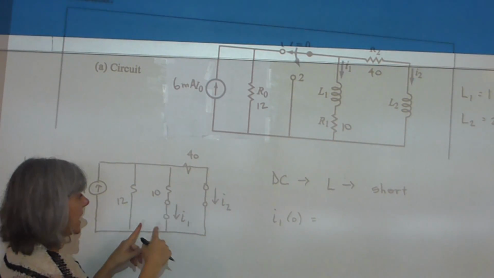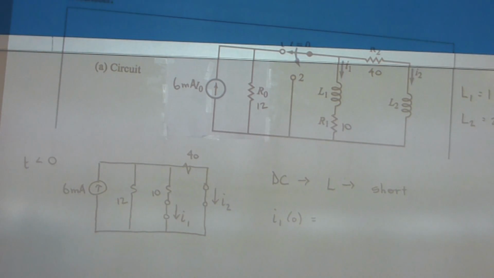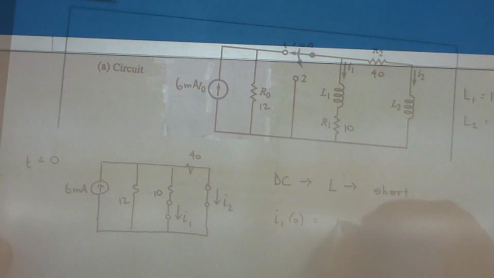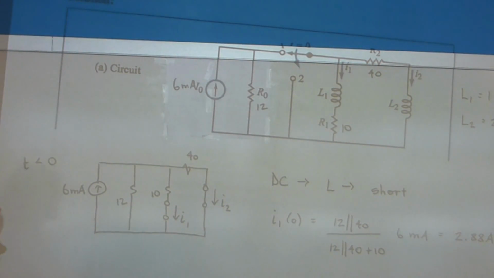That's going to be our numerator, divided by that plus the 10. So 12 in parallel with 40 over 12 in parallel with 40 plus 10, times 6 milliamps. So I get 2.88 milliamps.